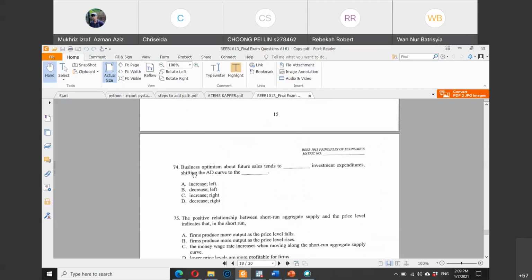Okay, 74. Business optimism. Optimism means people are very positive. So if business is very positive about future sales, it tends to increase or decrease investment, shifting the demand curve to the?